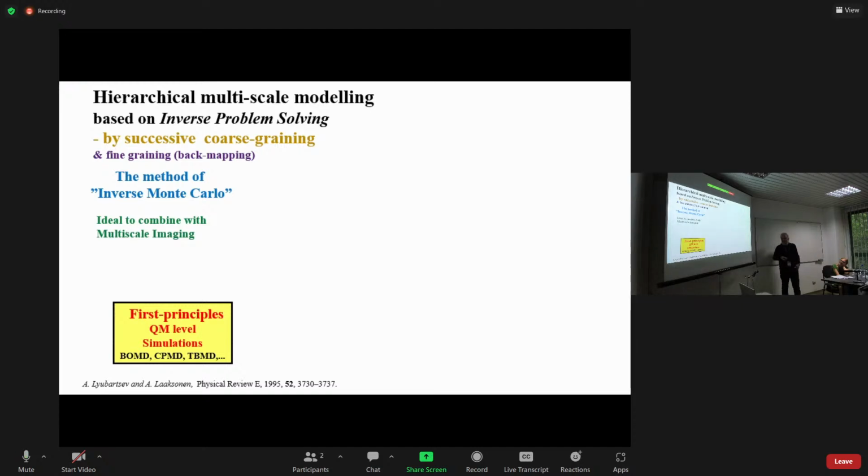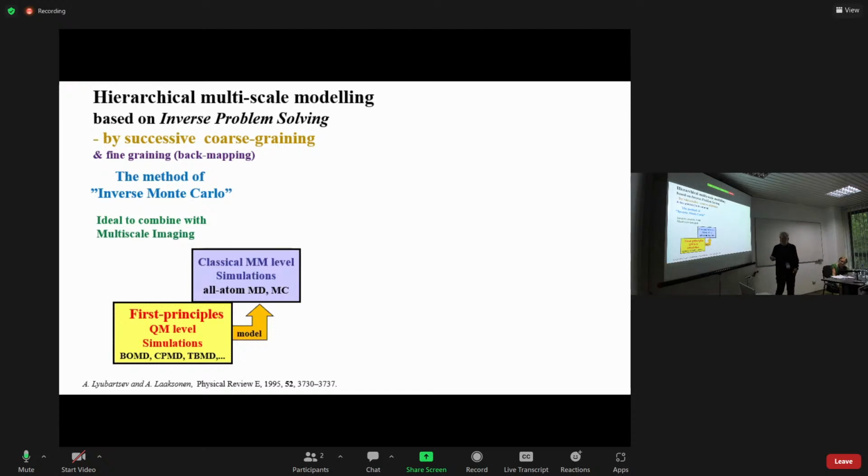They're not important here when I describe this method, but they are methods to perform simulations to treat molecules and how molecules move and their dynamics. And as we saw in the previous slide, we cannot use these first principles methods for very large systems, so we have to start with limited size of systems.